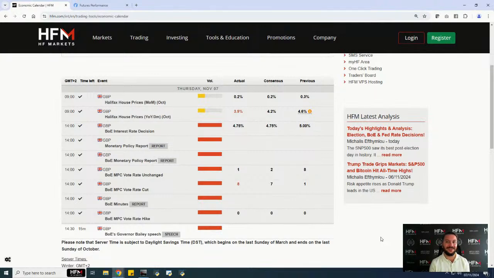Whereas if we saw six members vote for an interest rate cut, yes, there still would be an interest rate cut, but people would say, they've cut interest rates. Only six members out of the nine wanted to cut interest rates. So next time, especially if we get some decline in inflation in the meantime, there's a lower possibility for them opting for that scenario because there's less members of the MPC which voted for an interest rate cut.